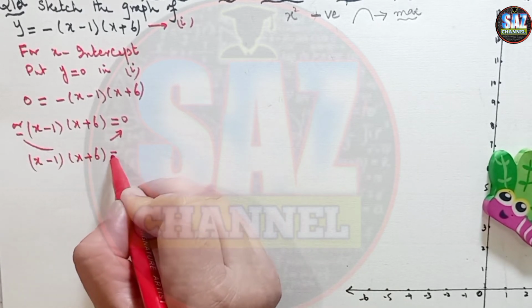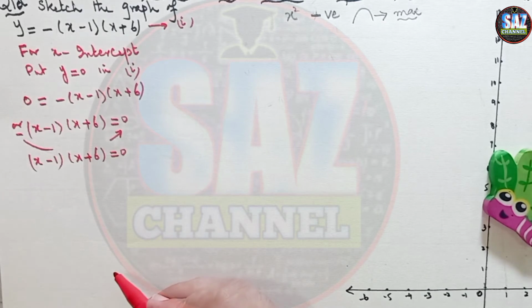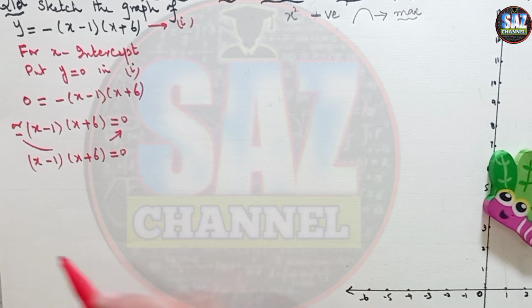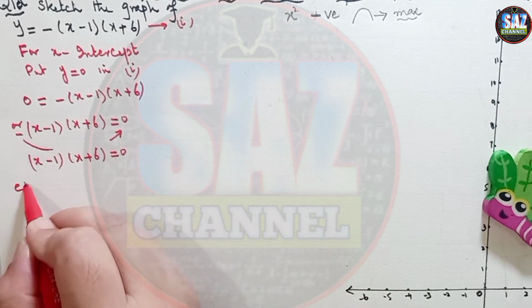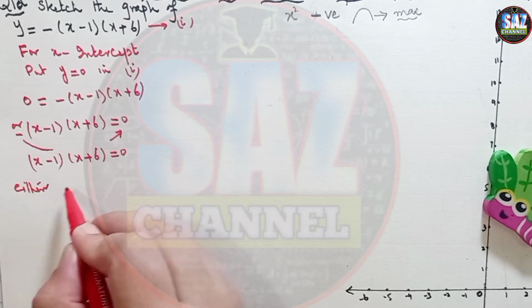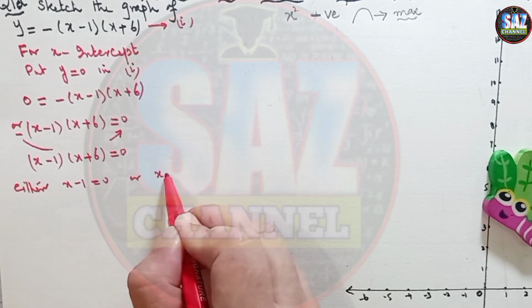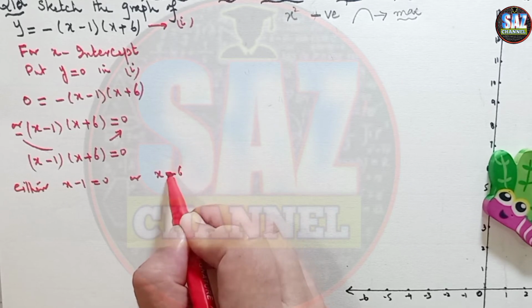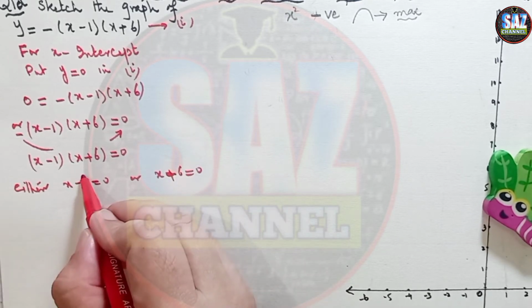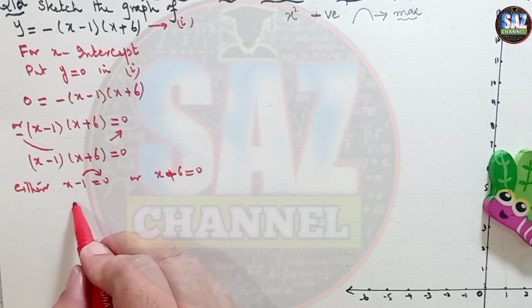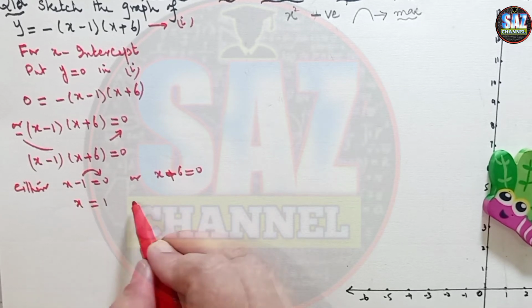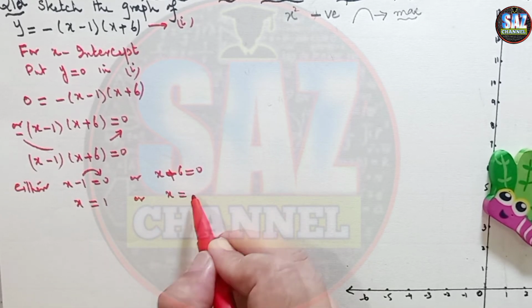This portion of the solution of the question is similar to D2 chapter number 5 exercise 5A. So you should have a good command of D2 as well. Then we have to apply the condition: either x minus 1 equals 0 or x plus 6 equals 0. This will give me x equals 1 or x equals minus 6.